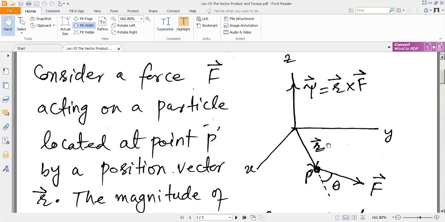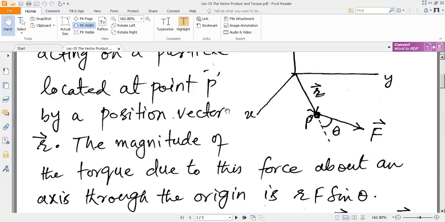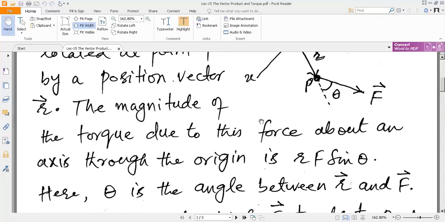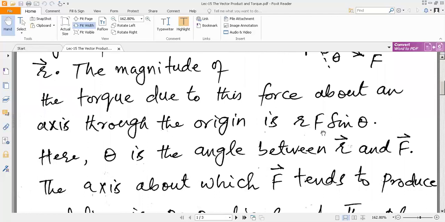The thumb of the right hand will be pointing the direction of torque towards the negative z-axis, and the magnitude of torque will be RF sine theta. Here theta is the angle between R and F.